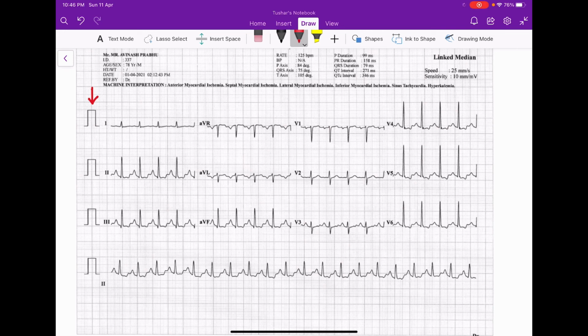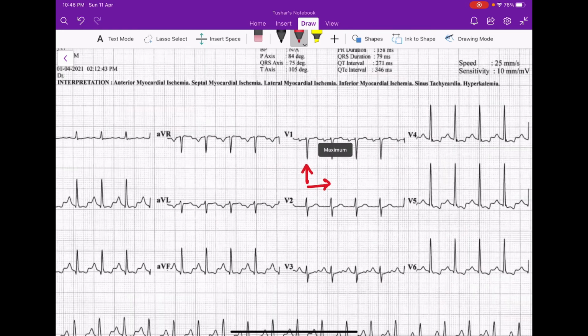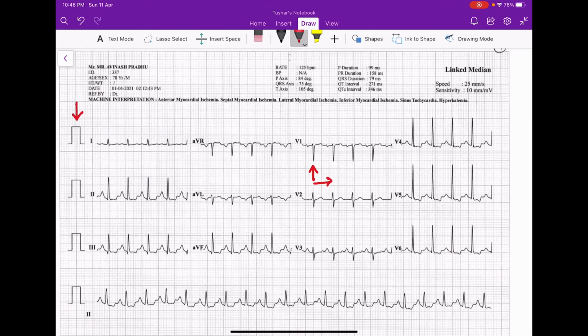From this QRS complex, if I try and measure the number of small squares, I can see there are 12 small squares between this QRS complex and this QRS complex, and there are 2 large squares.